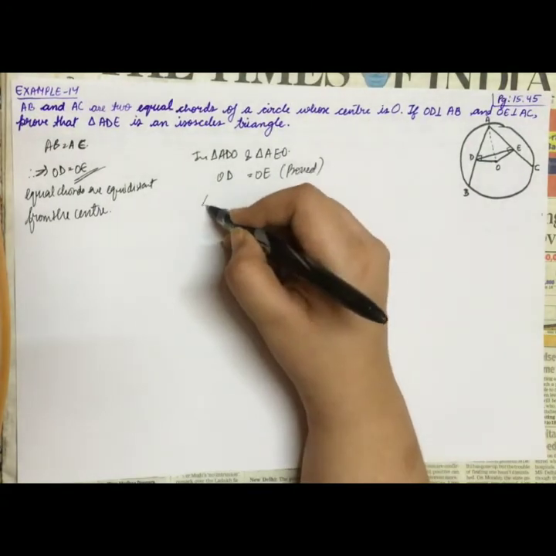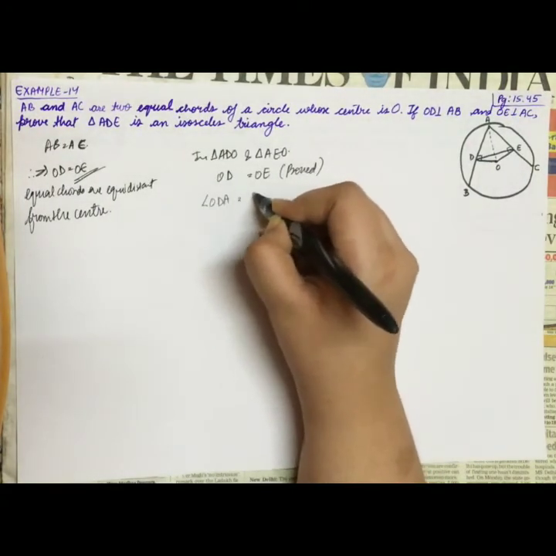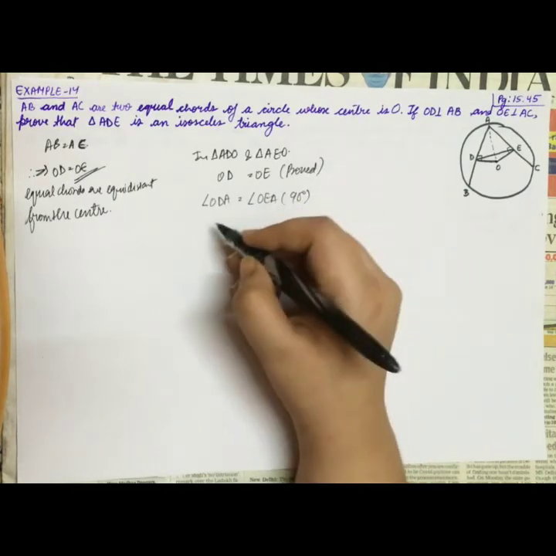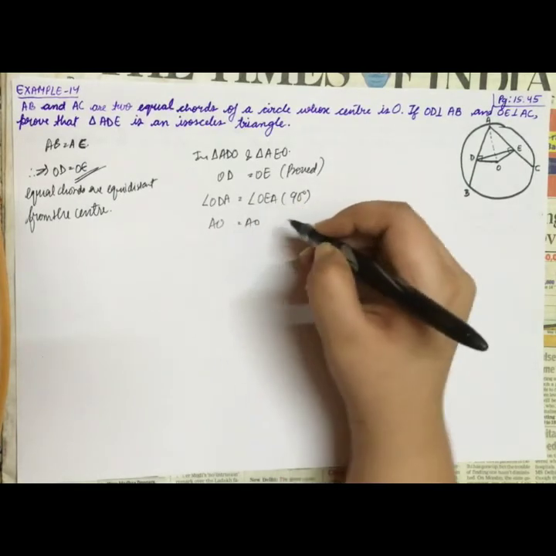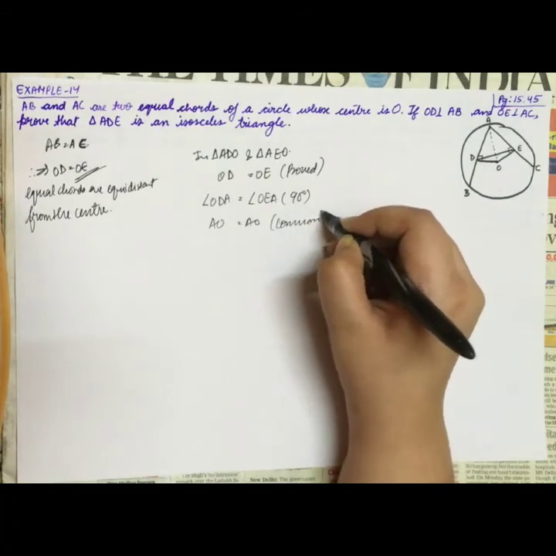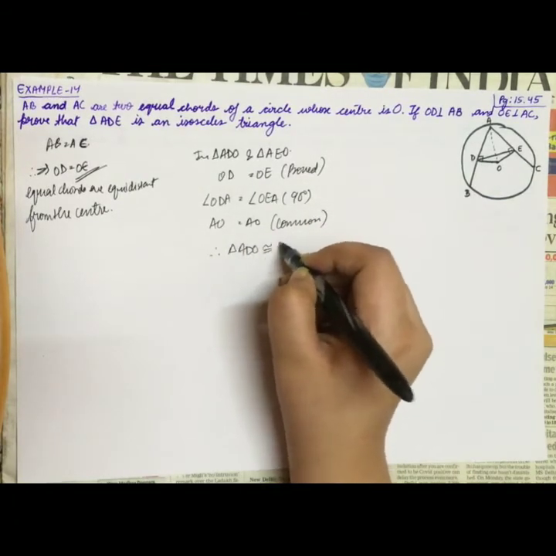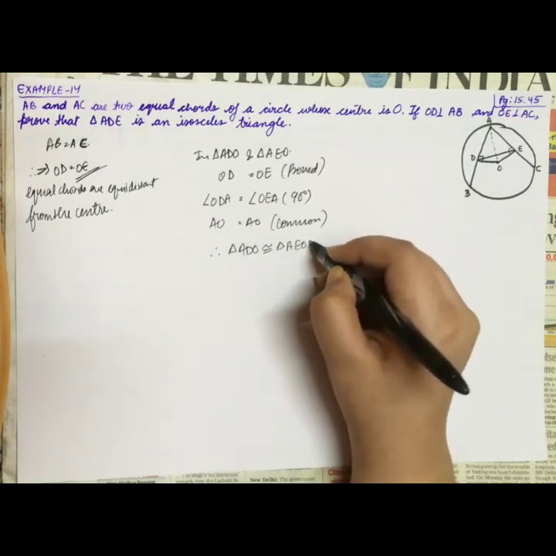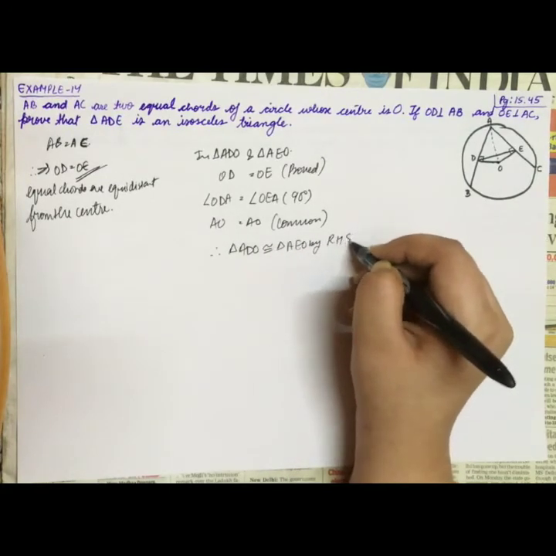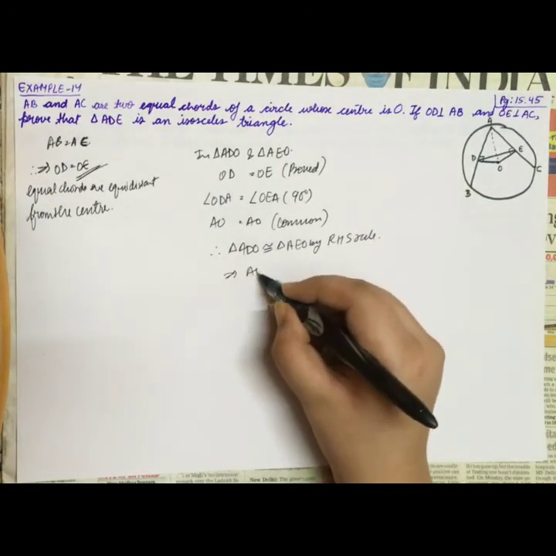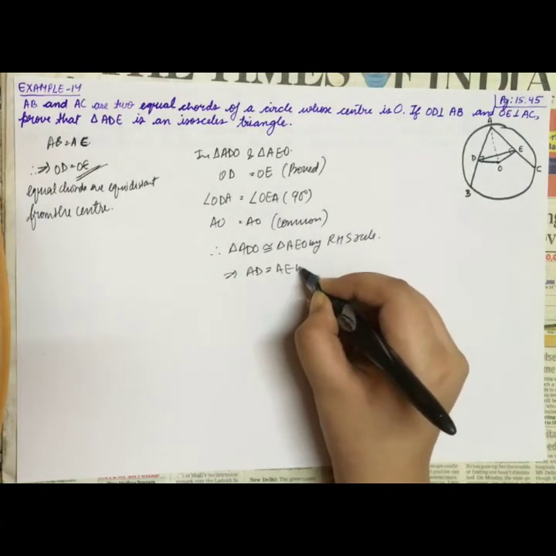Now, angle ODA is equal to angle OEA, as they both are 90 degrees. AO is equal to AO because of common. Therefore, you can say that triangle ADO is congruent to triangle AEO by RHS rule. Now we can say that AD is equal to AE by CPCT.